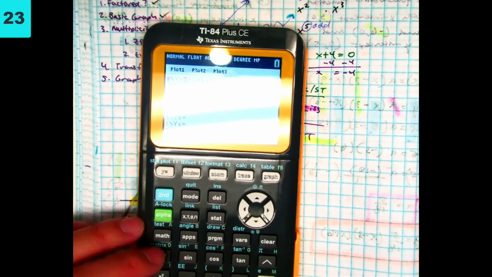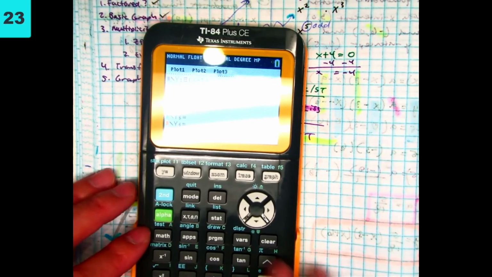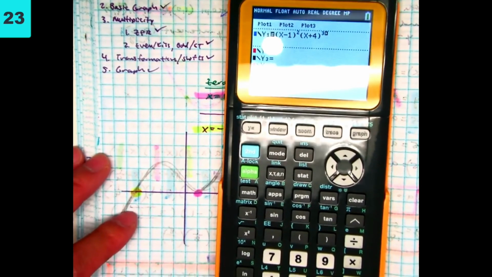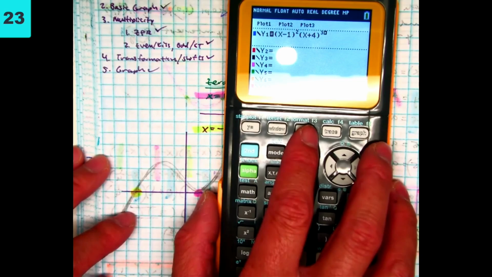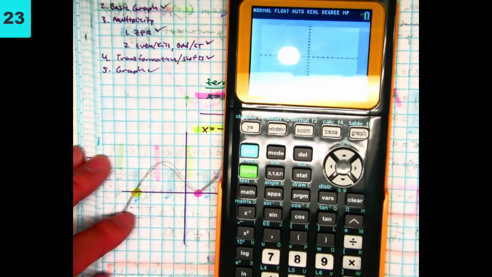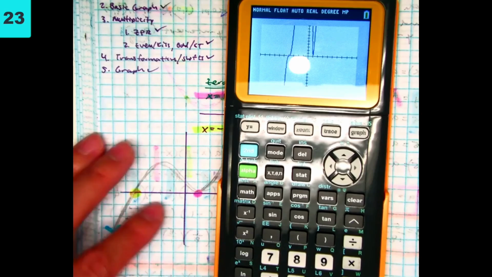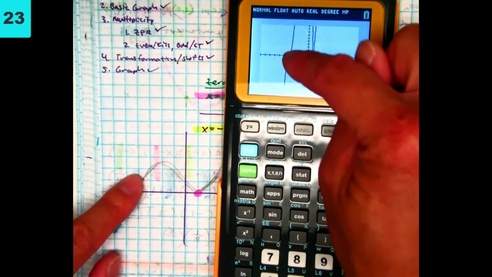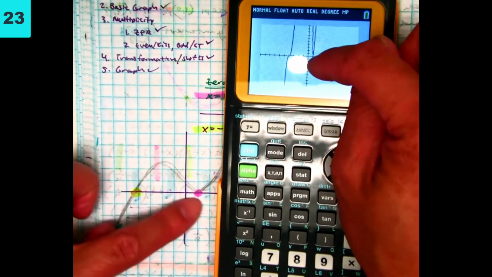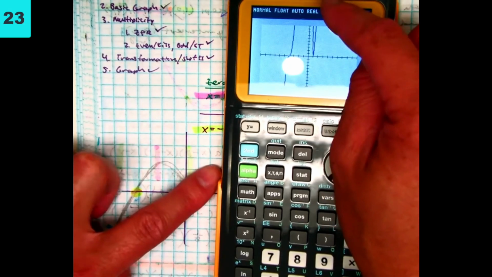X plus 4 to the power of 3. Reflections. At least we have a basic idea, right? It shot through. It went up super high, comes back down, bounces.